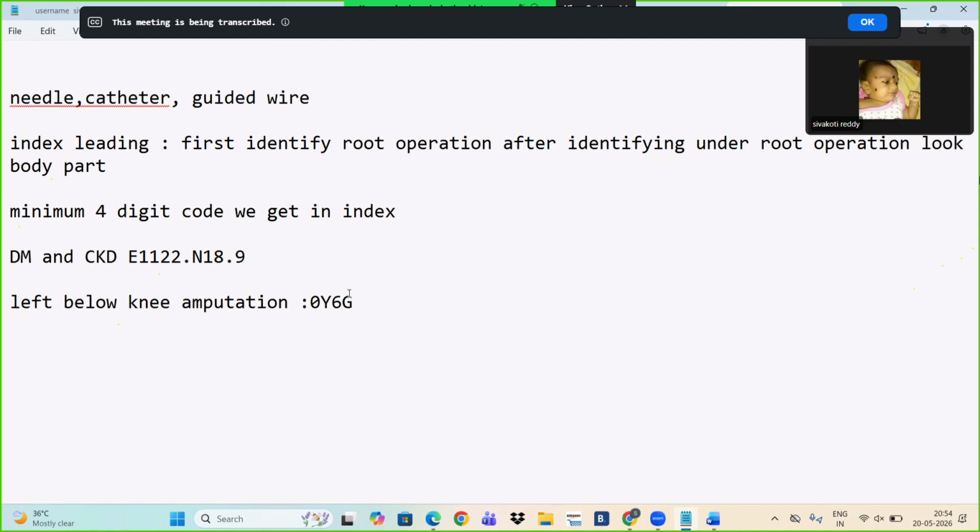Lower leg, right? Below knee means lower leg, correct? So lower leg left, what is the value? 0Y6J0Z. Z qualifier, identify.